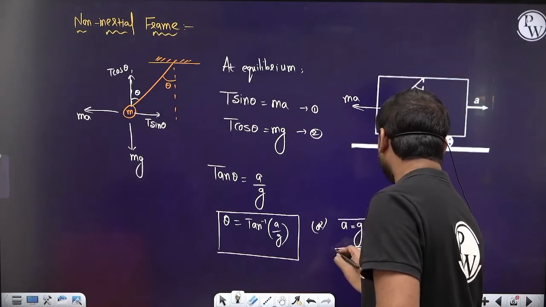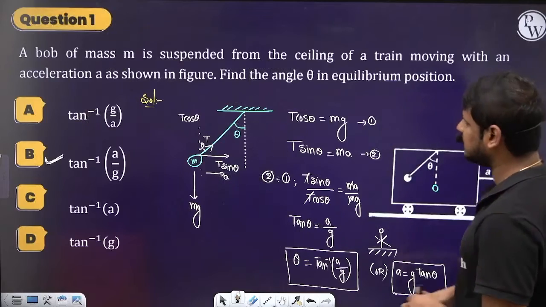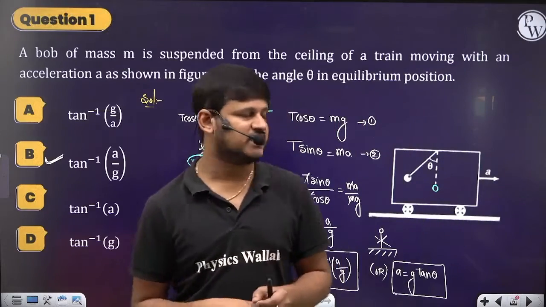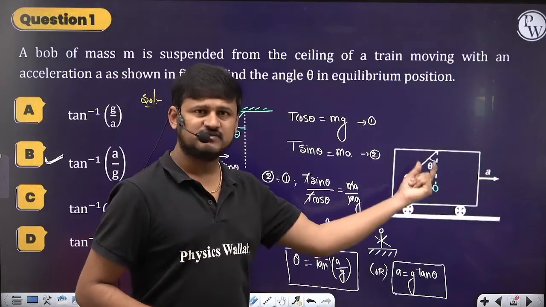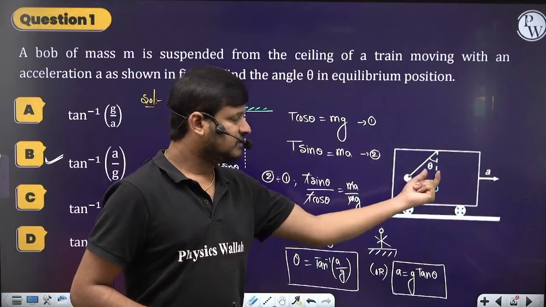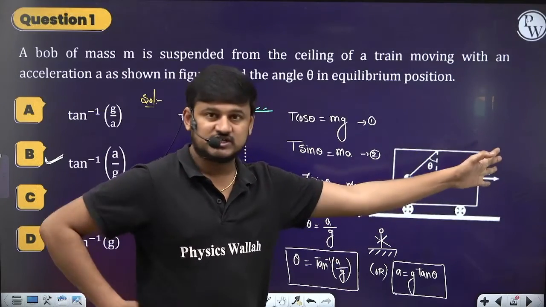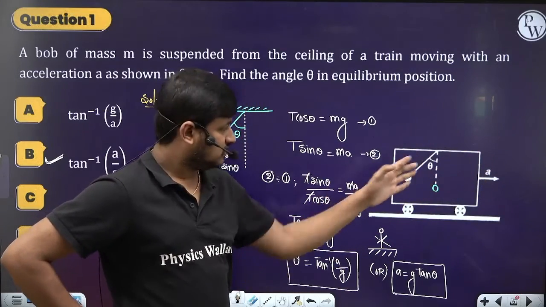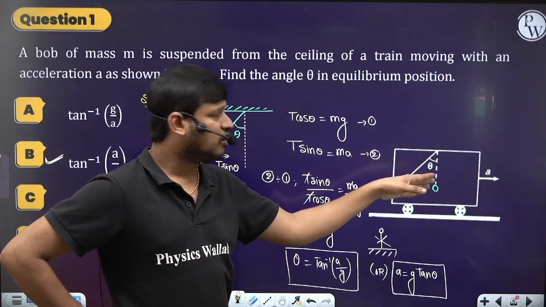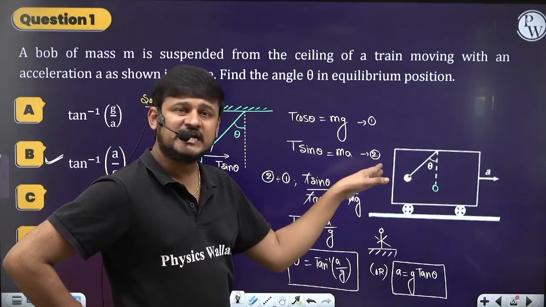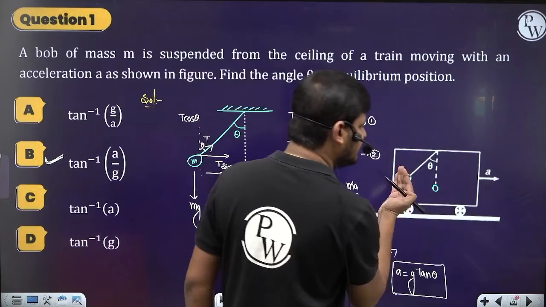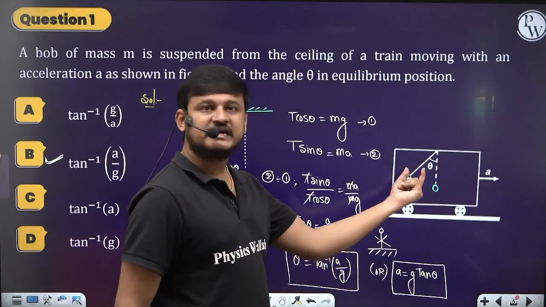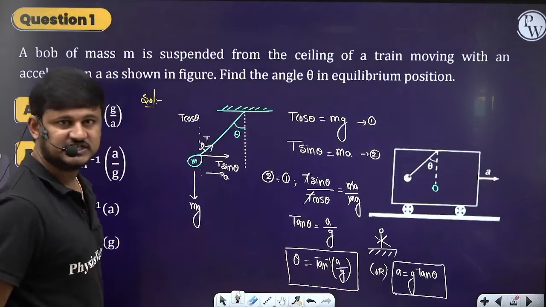Whenever something of mass m is attached to the ceiling and the acceleration is towards the right, the bob of mass m will be tilted towards the left at an angle theta equal to tan inverse of a by g, the standard result.